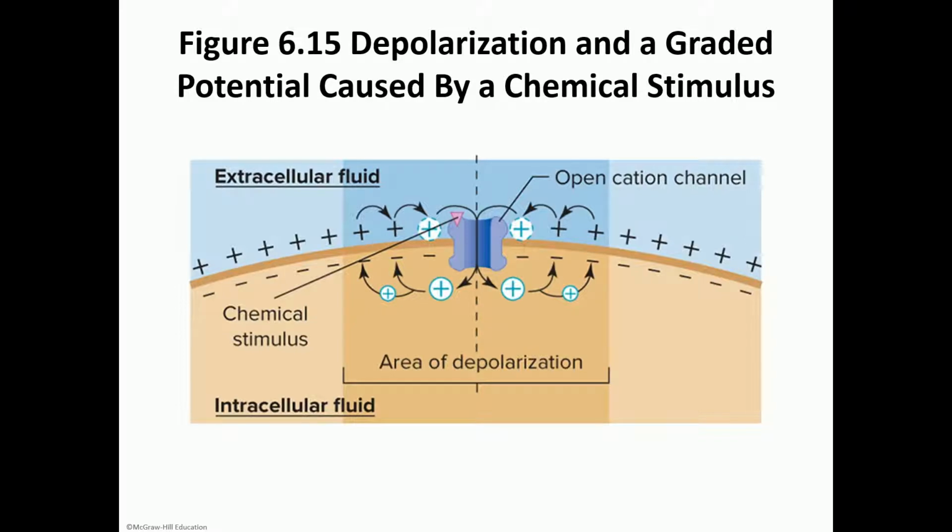We have fully stimulated that nerve. But if not enough sodium entered the cell and the inside of the cell did not change to -55, that means that any change in the membrane potential will remain local and will not propagate down that nerve.